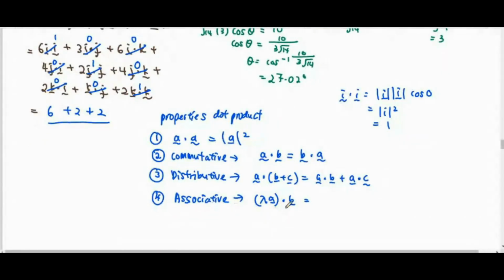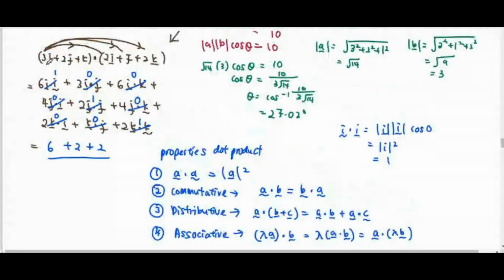Associative bila dia ada darab. 3 benda darab sekali. Di mana lambda ini adalah nombor. Maksudnya lambda A darab B. Kita boleh lambda, kita nombor, kita asingkan, kita buat A dot B dulu. Ataupun kita nombor tu kita nak darab dengan B terus pun boleh. So dia boleh jadi macam ni. Properties ni dia menjelaskan konsep macam mana kita nak darab. Contoh lambda A, B. So macam tadi saya buatlah.